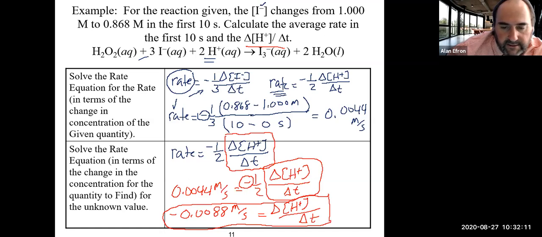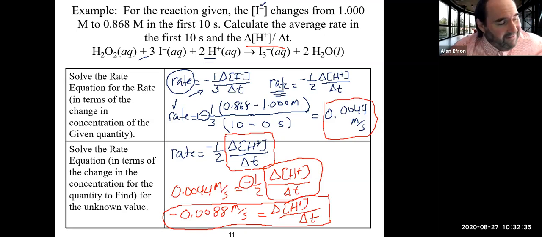Any questions on those two answers? How we got any of the numbers or where any of the numbers came from or anything like that? So again, it's important to really make sure you understand the 1 over part. It takes care of the stoichiometry, but a lot of times people, like I said, will multiply when they should divide, or divide when they should multiply, or not divide by the coefficient and stuff like that.